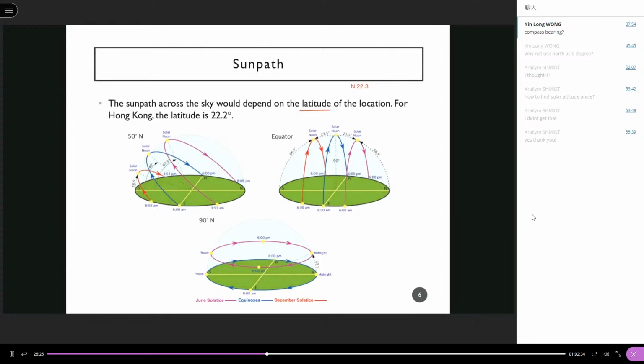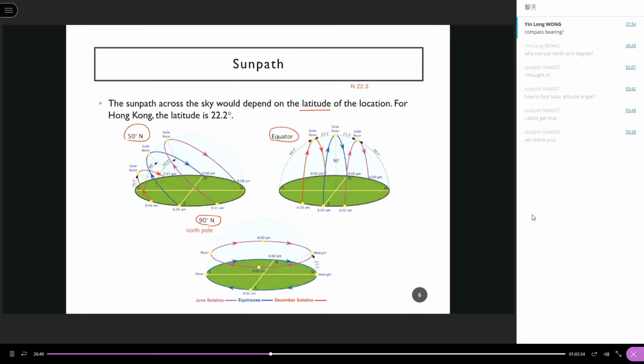And here we have 3 sun path diagrams. This one is 50 degree north, and this one is for equator, and one is for 90 degree north. That is the North Pole.